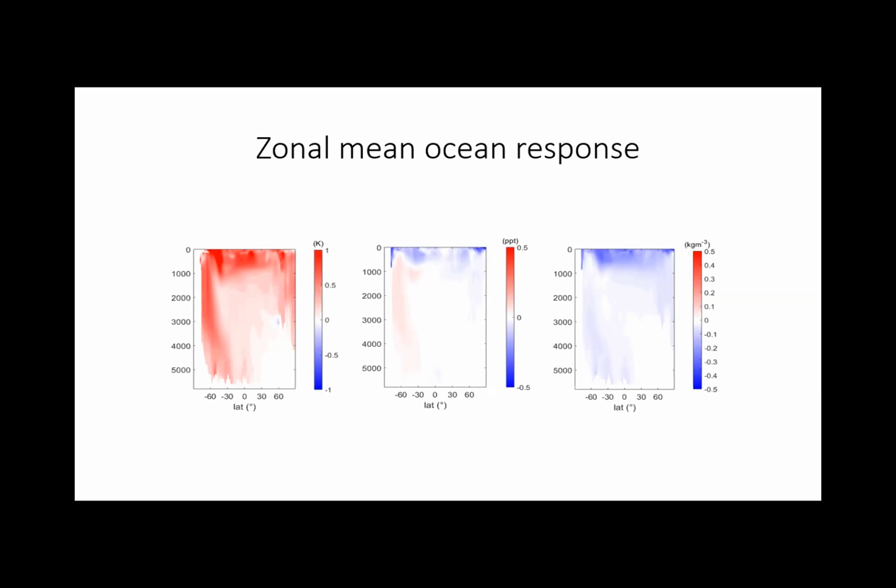So here we have the annual means of temperature, salinity, and density. As you can see, the response is extensive and is again similar to that mini global warming response, down to even the spatial magnitude, particularly in the temperature there. And these density changes are also really important in meridional heat transport and water mass transformation, etc.